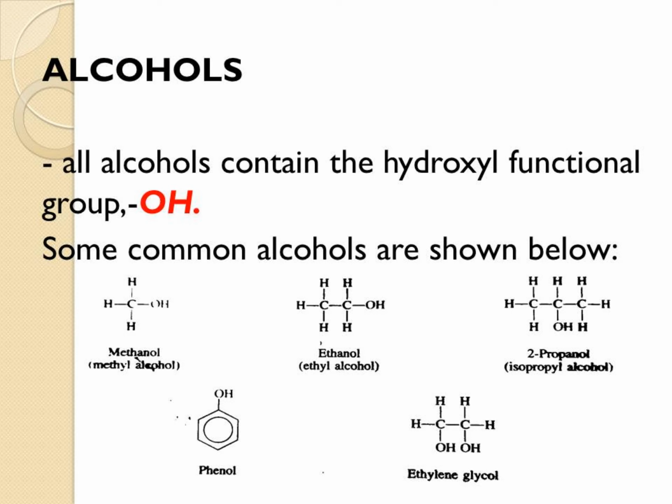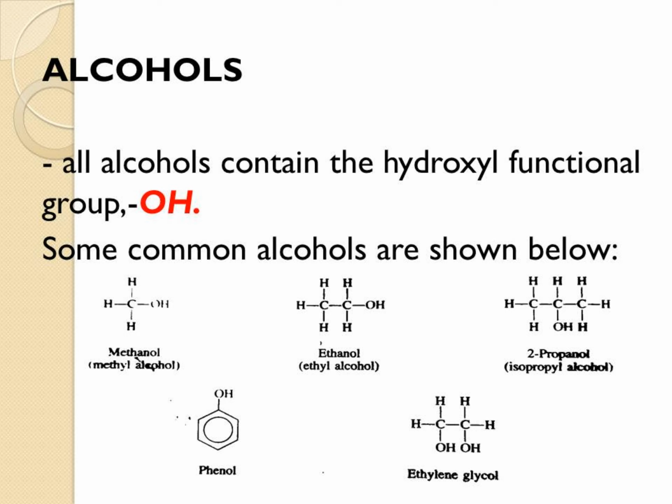And the most common is the alcohol. An alcohol contains the hydroxyl functional group, OH. Whenever you see a hydrocarbon with a functional group attached to it, the OH, that's an alcohol. Some common alcohols are shown below.